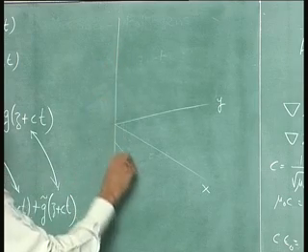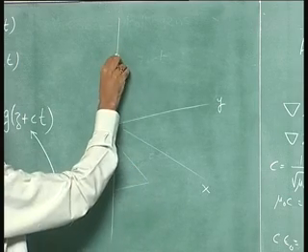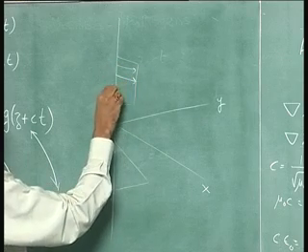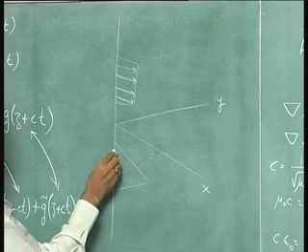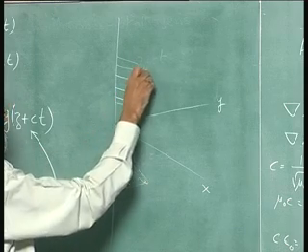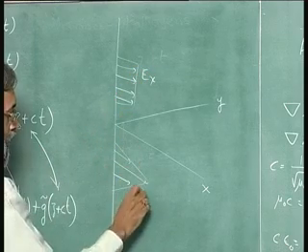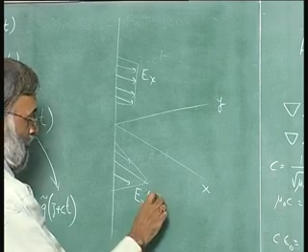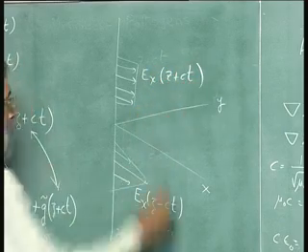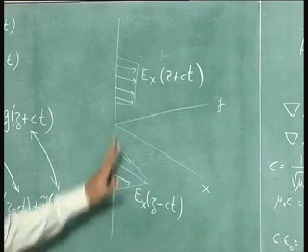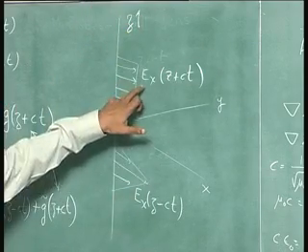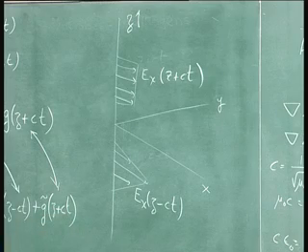I have my electric field. This part of the electric field is moving in the positive z direction, this part of the electric field is moving in the negative z direction.